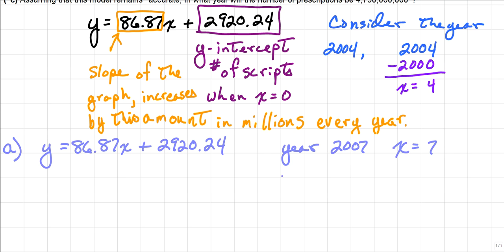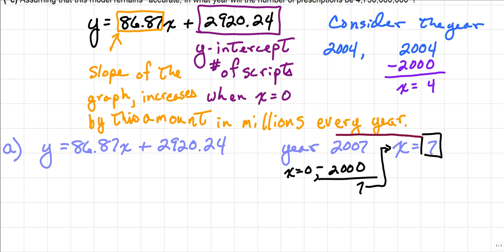How do I know that? Because you need to remember that x equals 0 is represented by the year 2000. And then if I subtract these two, I end up with 7, and that's what gives me x equals 7. So I'm simply going to take this value, x equals 7, and I'm going to substitute that into the linear model or equation that I was given wherever I see an x.